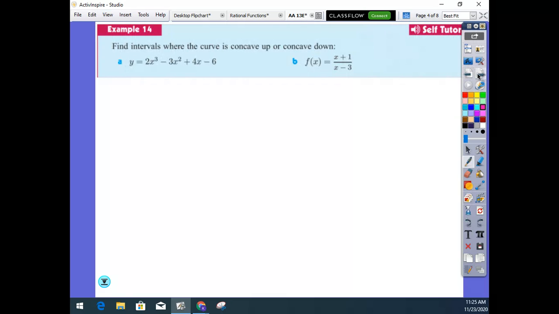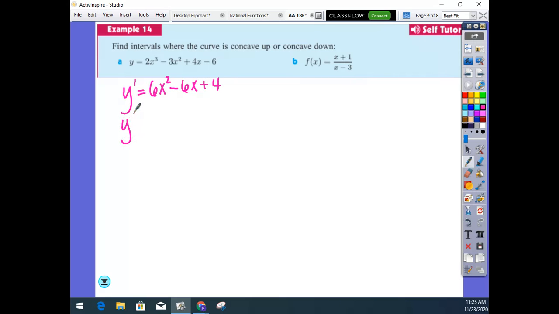Okay, so let's figure out where it is concave up or concave down. So we're going to do everything that we did with the first derivative, now with the second derivative. So we take the first derivative, use your power rule, multiply, subtract 1, multiply, subtract 1. This is our first derivative.